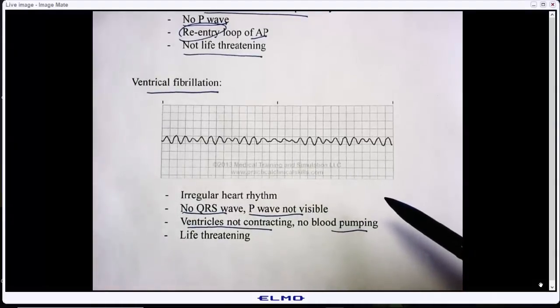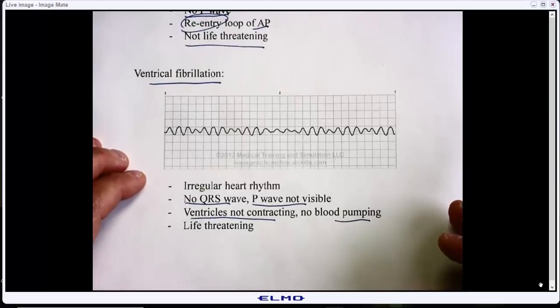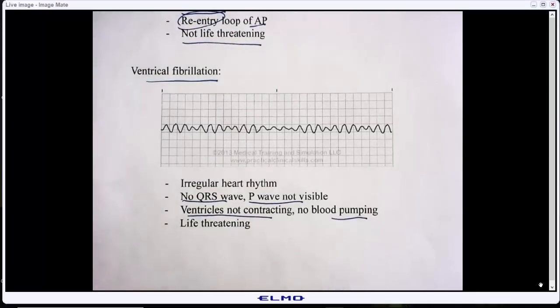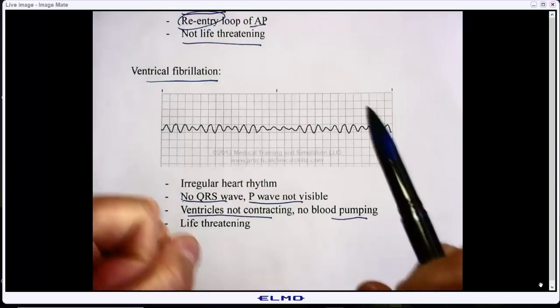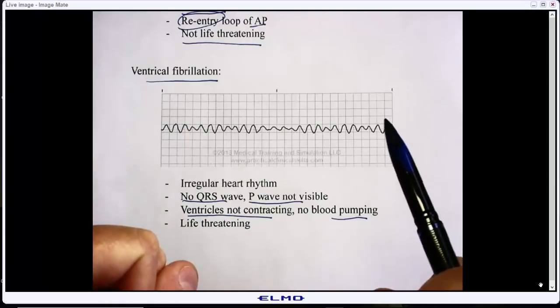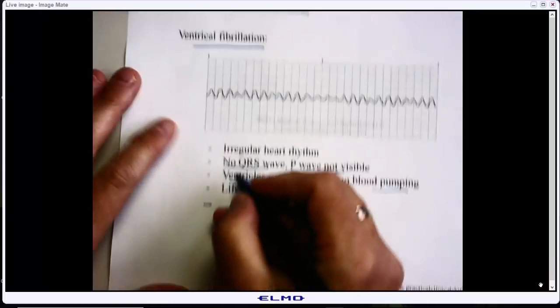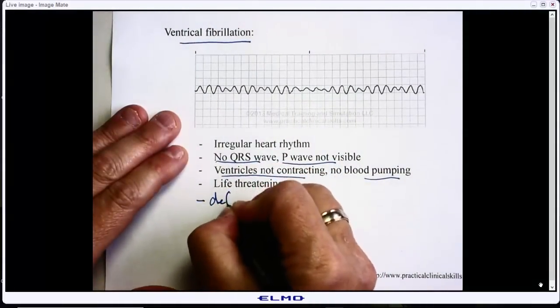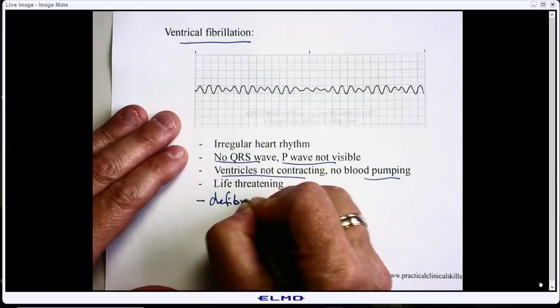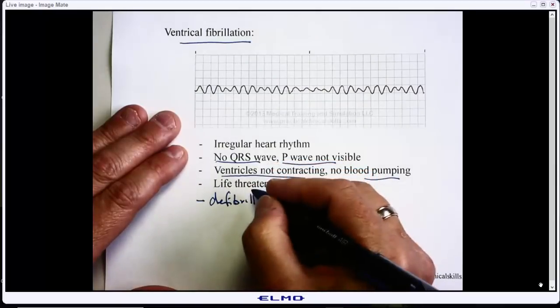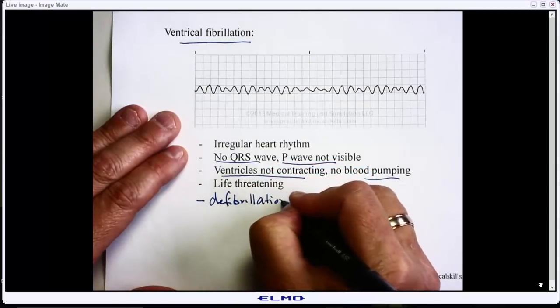So how do you fix this problem? Well, this is where you get the defibrillator out and put massive voltages through the heart. We're going to have to think a little bit about why that was a good idea to ever do. Defibrillation.